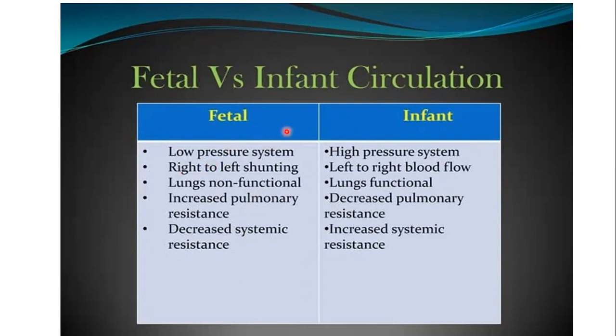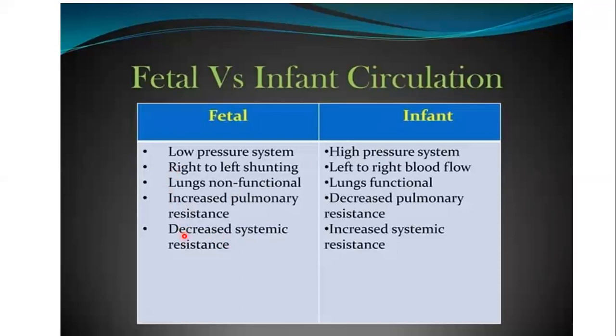infant or neonatal circulation. The fetal system is a low pressure system compared to the lung at this point. So the right to left shunting occurs, because the lung is not functional and there is increased pulmonary resistance. Anything that you pump to the lung at this point will be diverted to the system, because the system is a low pressure system compared to the lung.